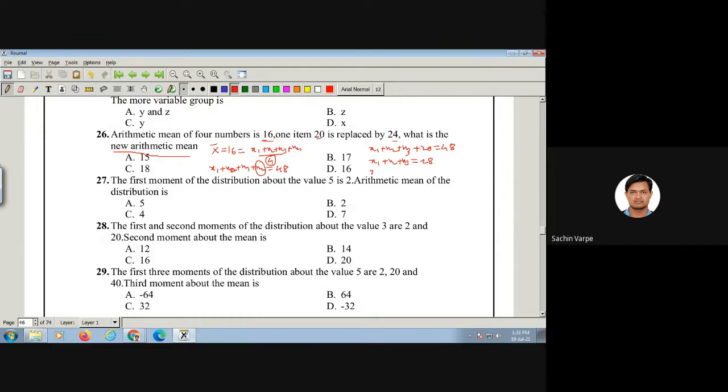Now I will add 24 again: x1 plus x2 plus x3 plus 24 is equal to 24 plus 28. How much is it? 52. Right. And when I divide both sides by 4, that will be the new arithmetic mean. So how much is it? 17. No? Right?